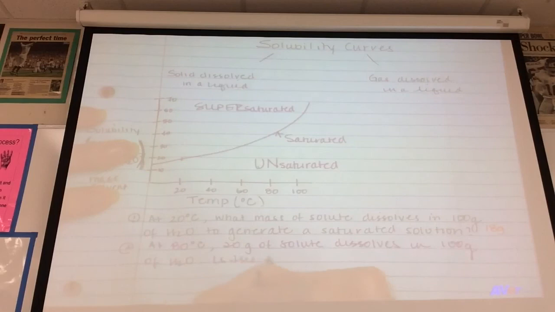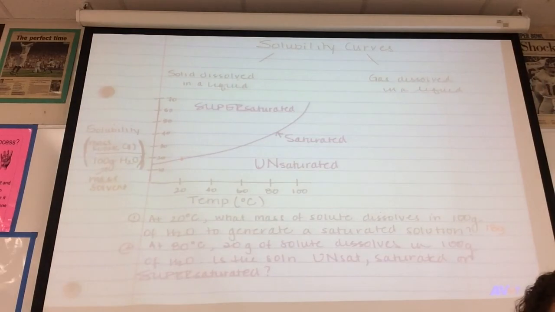Is the solution unsaturated, saturated, or supersaturated? So how would we do that?